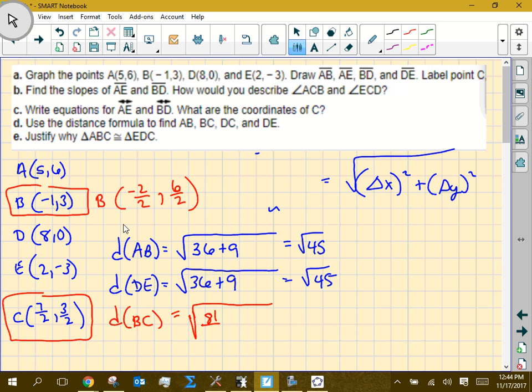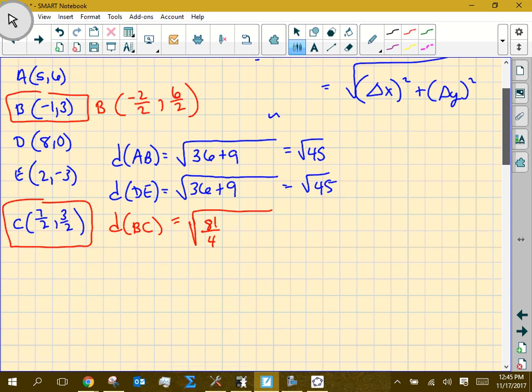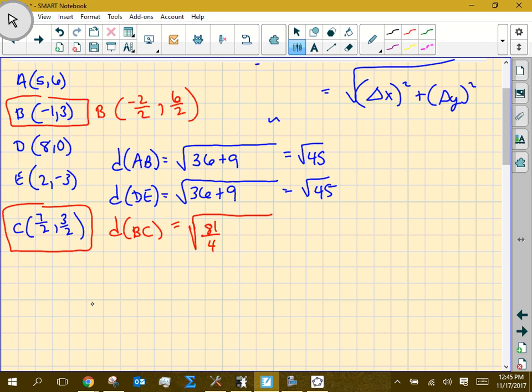That gave me 81. Now I've got to do the denominators. When I subtract fractions, the denominators just stay the same, right? So what's 2 squared? 4, right? So that's 81 over 4. Just writing this down, we did negative 2 over 2 minus 7 over 2, and that gives me negative 9 over 2, right? When you take negative 9 over 2 and square that, I got 81 fourths.